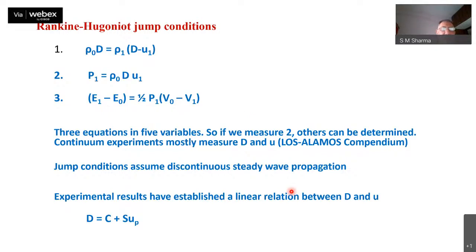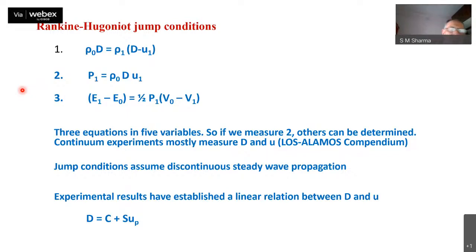Another comment: I mentioned that D is actually the shock velocity in the laboratory framework. In general, the shock velocity is defined with respect to the material ahead of the discontinuous jump.